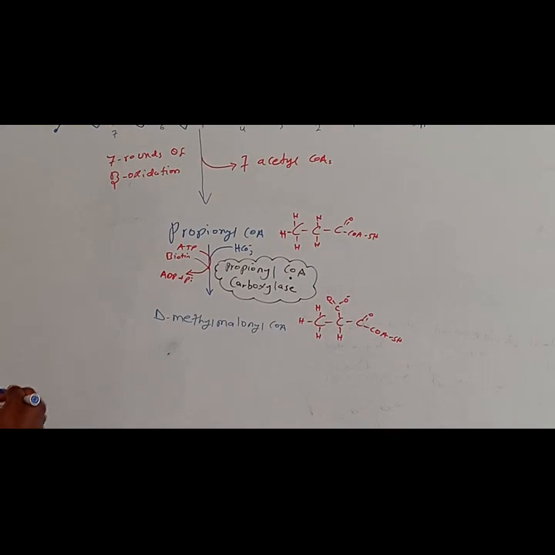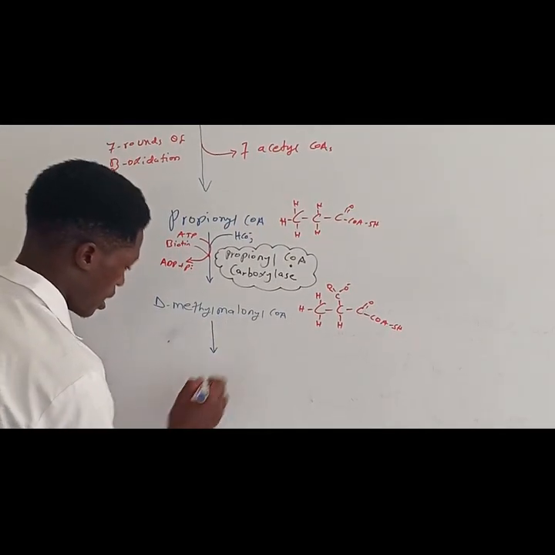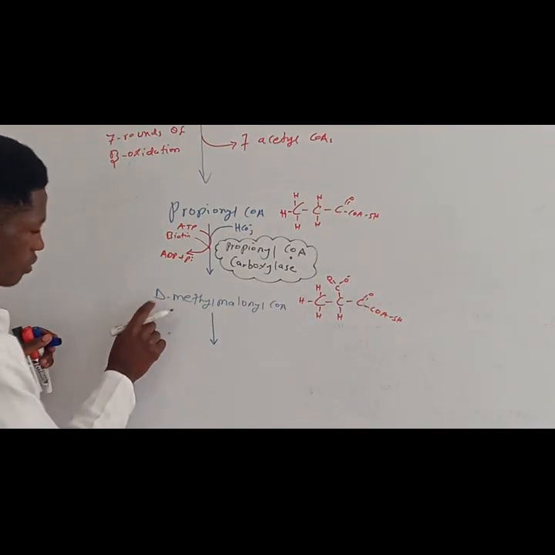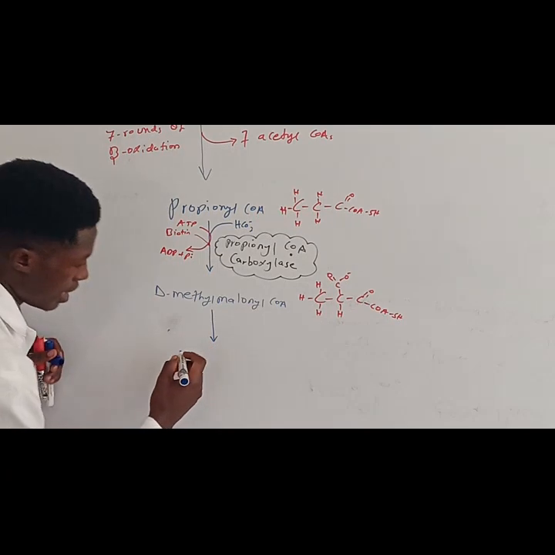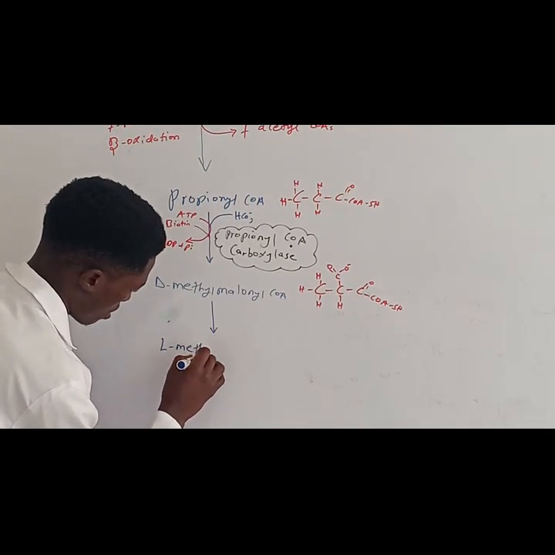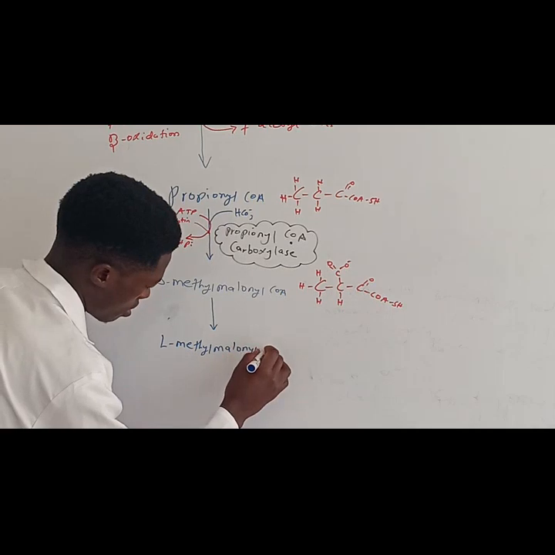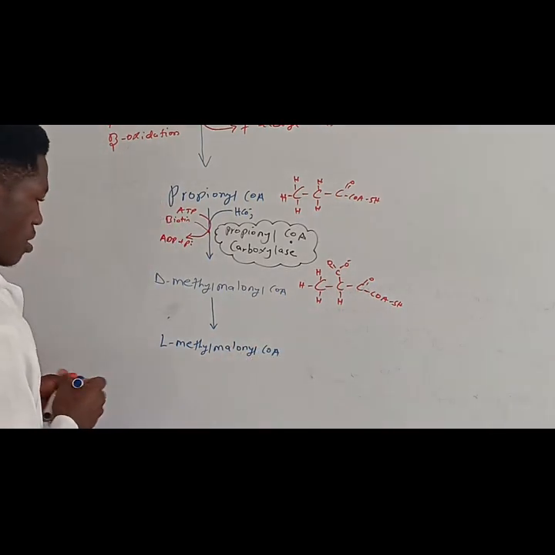Now, what next? Moving down, we are going to convert the D-methylmalonyl CoA into the L form. The levorotatory, this is the dextrorotatory form. So the L-methylmalonyl CoA.